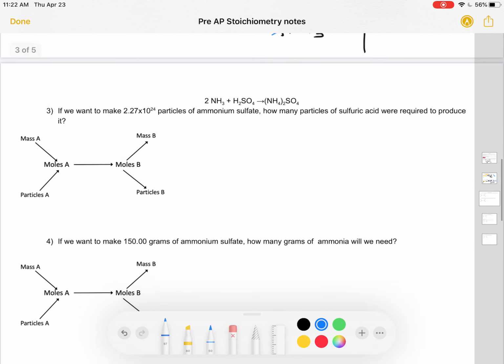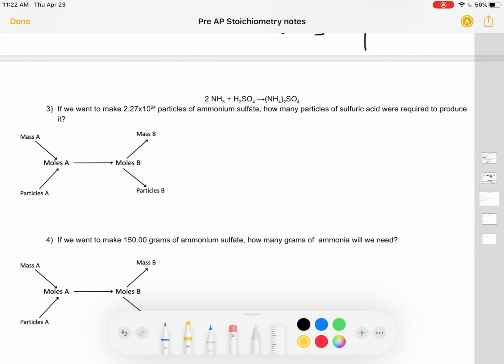Oh, look, particles to particles. That's what we got going on here. We have particles of ammonium sulfate, so ooh, I got to get used to doing this, switching. NH4 2SO4.